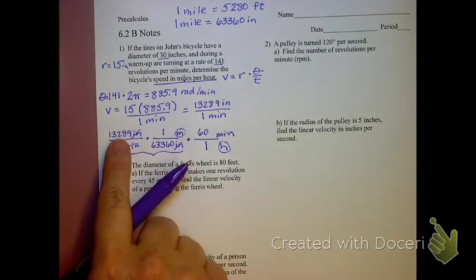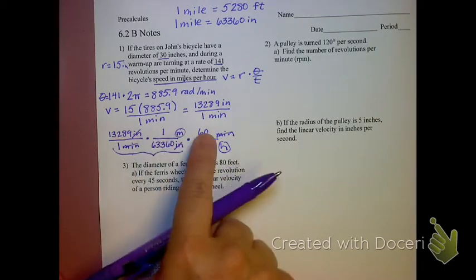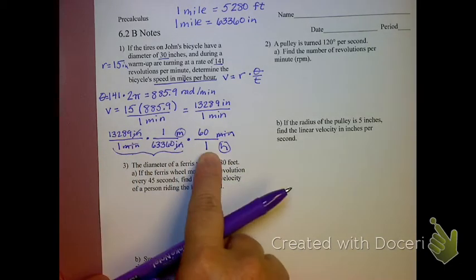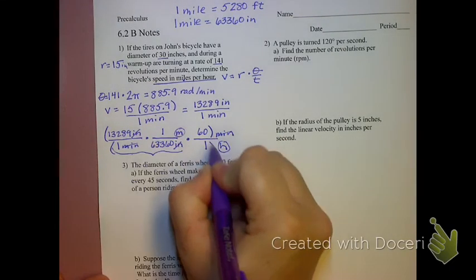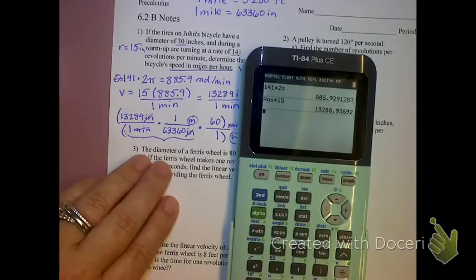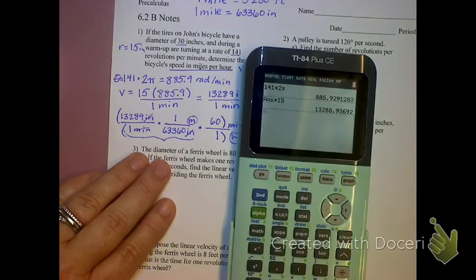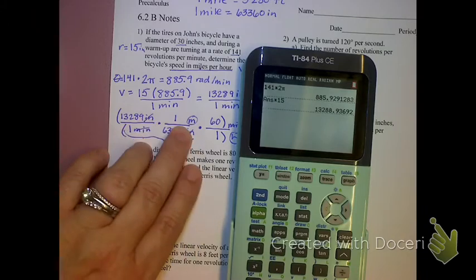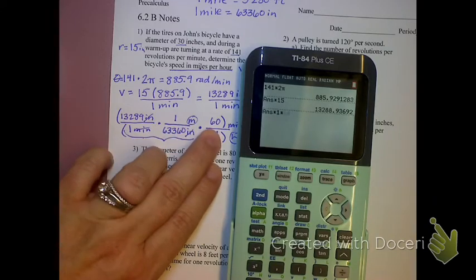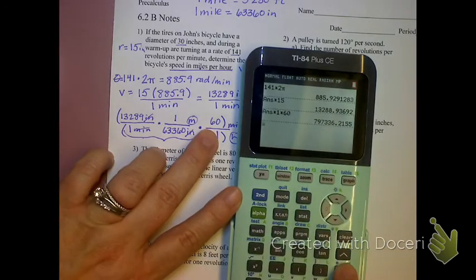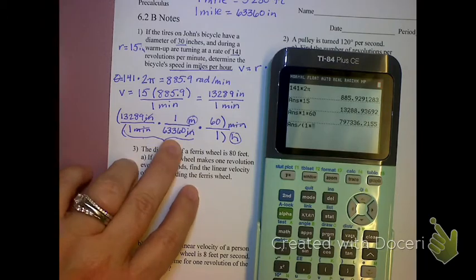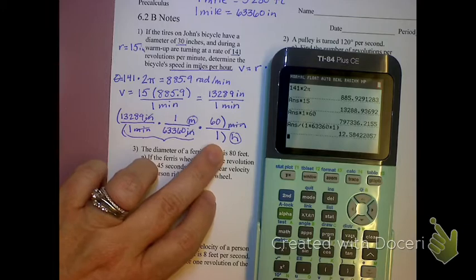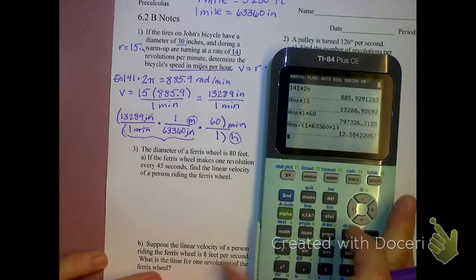So all I need to do at this point is multiply straight across the top and then divide by what I get when I multiply straight across the bottom. So I'm going to do this divided by this and watch what that does. So the 13,288.93, we'll leave the 0.93, that's fine, times 1 times 60, that's what I have on the top, divided by, I'm going to put parentheses around the bottom, 1 times 63,360 times another 1, and I get my answer of we'll call it 12.6.